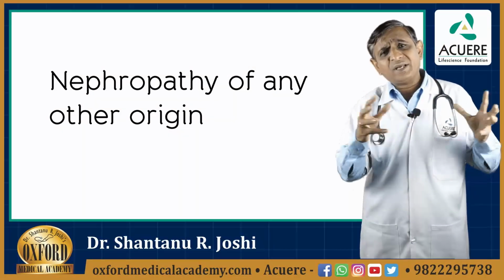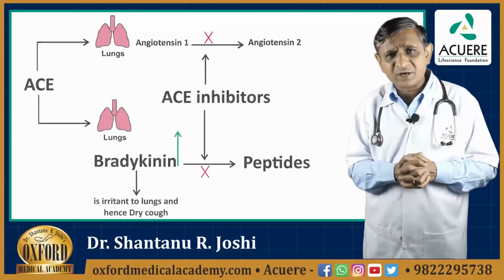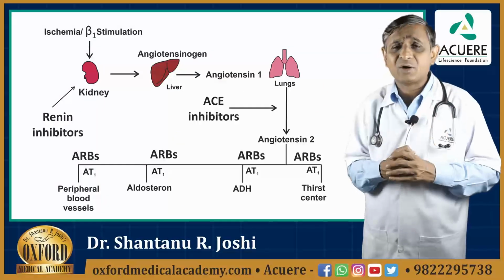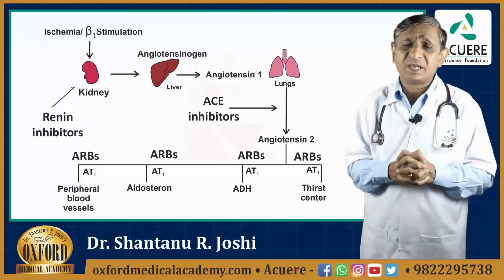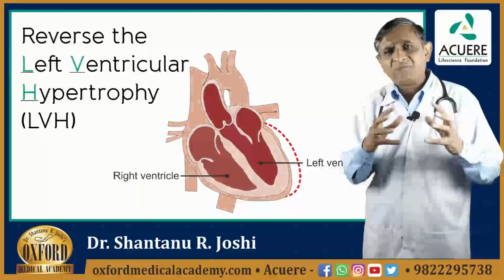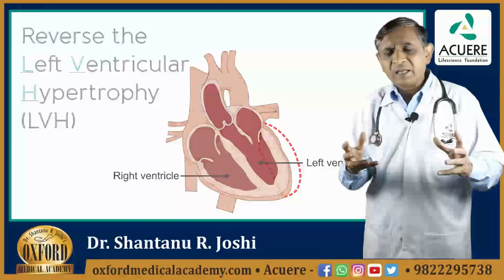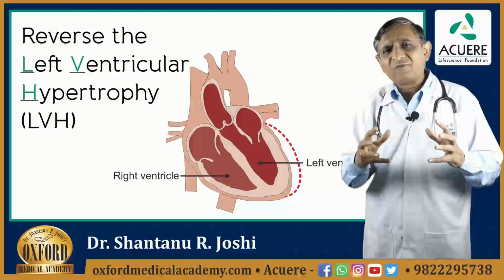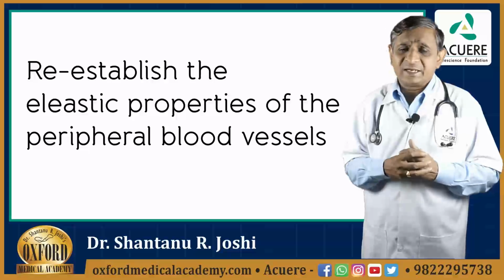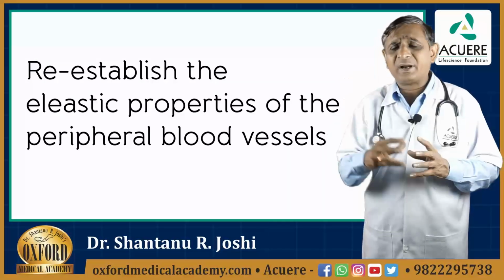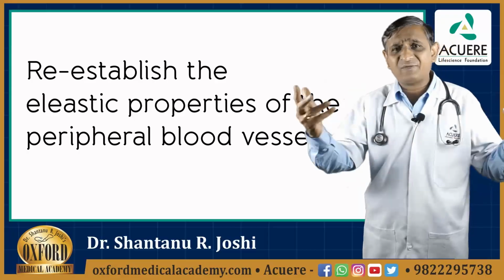With years of research, it is observed that ACE inhibitors and ARBs have the capacity to reverse left ventricular hypertrophy, which is a common complication of hypertension. They also have the capacity to re-establish the elastic properties of the peripheral blood vessels.